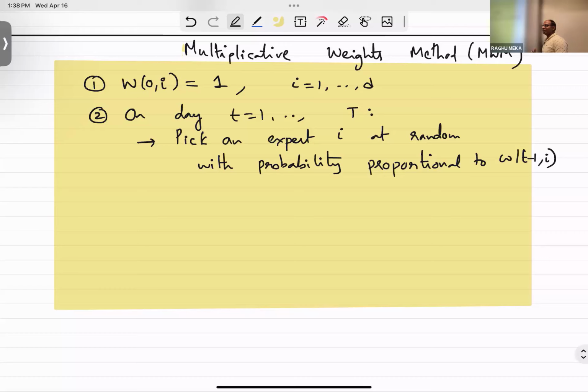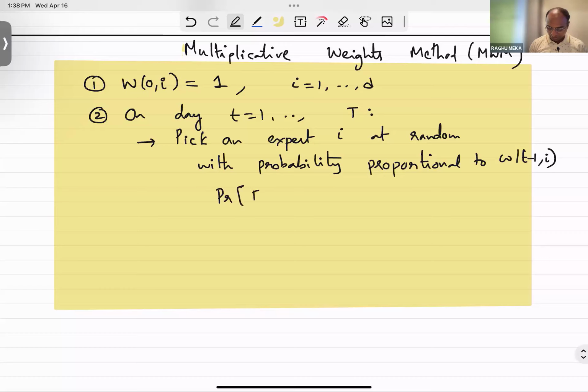Okay. Whatever their current weight is, we're picking them with probability proportional to it. If expert 10's weight is 1,000 times more than expert 1's, the chance that expert 10 is going to be picked is 1,000 times more than expert 1.